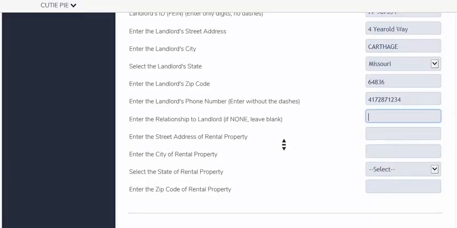Enter the relationship to the landlord, and if there is none, then you leave it blank. Most people are not related to their landlords, but for example, if a person rents from their mom or their sister, you have to enter that information in there because a person may not be eligible if they are related to their landlord. Now we're going to enter the street address of the rental property.